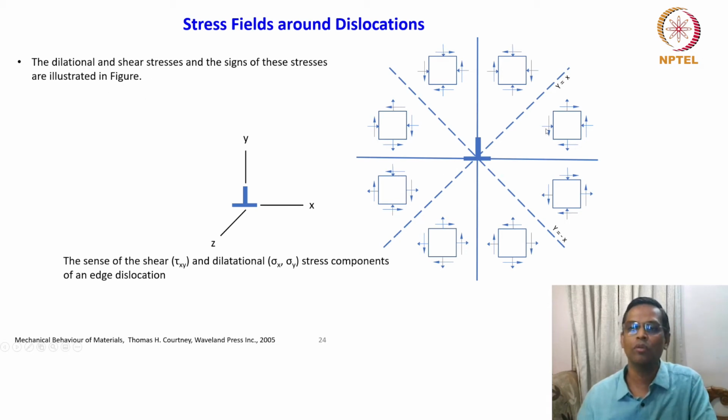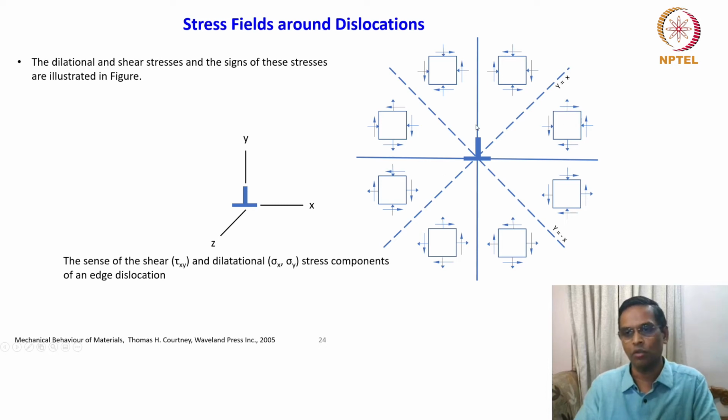You know the shear stress, this is positive and this is negative, and again this is all compressive. You can look at the normal stresses, they are in compressive mode, and here again biaxial, and this is tension, this is compression. In this direction it is tension, this is compression, this is positive shear, this is negative shear. So what is the net?